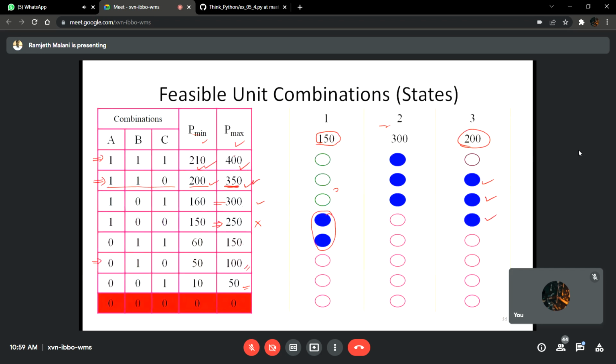Here the maximum is 150 megawatt, so it would be an infeasible state. Similarly, these two are also infeasible. So for the first hour there are two possible states, for the second hour there are three possible states, and for the third hour there are three possible states.